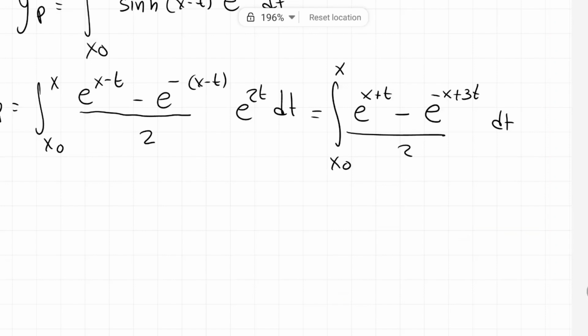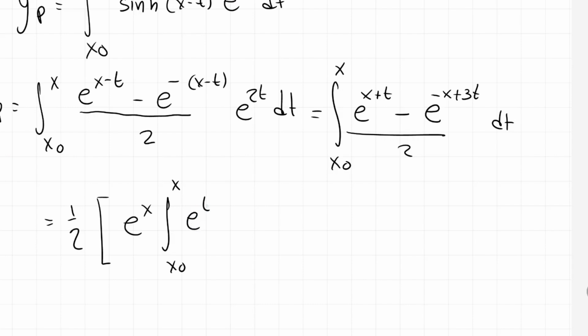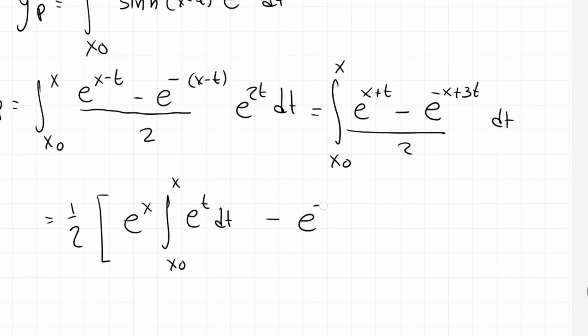If we keep working on this integral, we are going to get 1/2 of e to the x times the integral from x0 to x of e to the t dt, minus e to the negative x times the integral from x0 to x of e to the 3t dt.